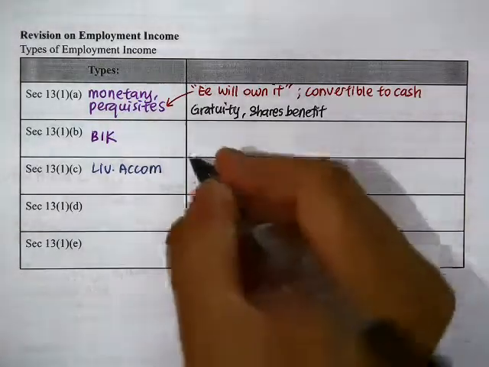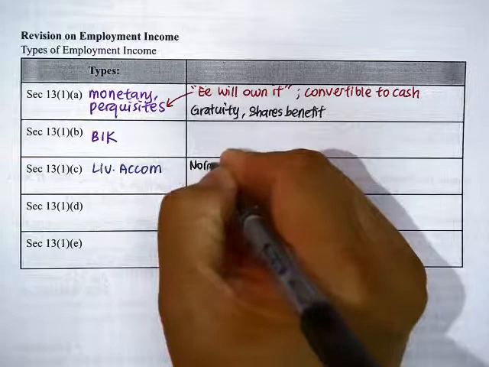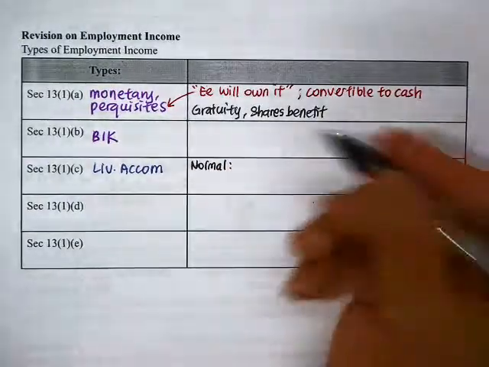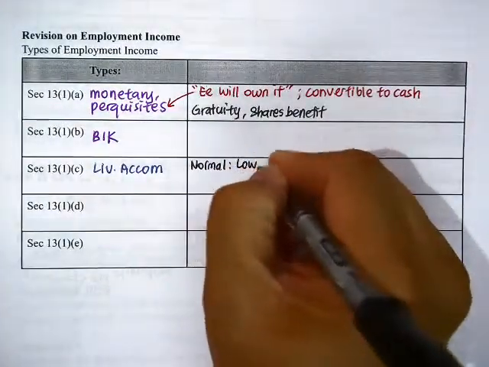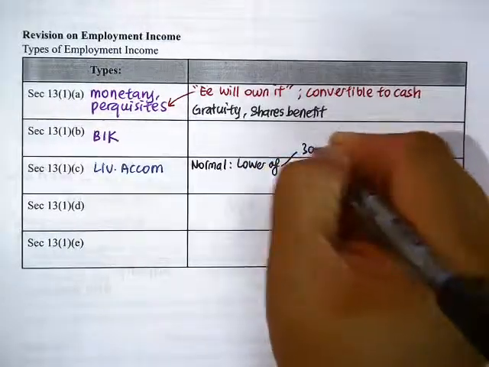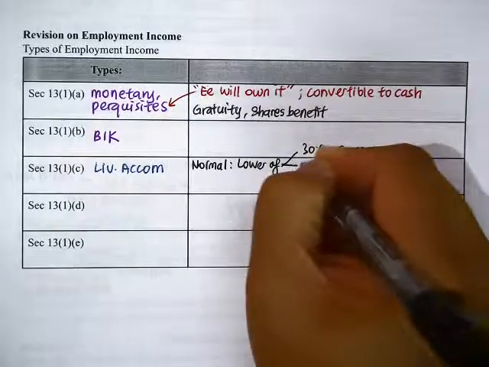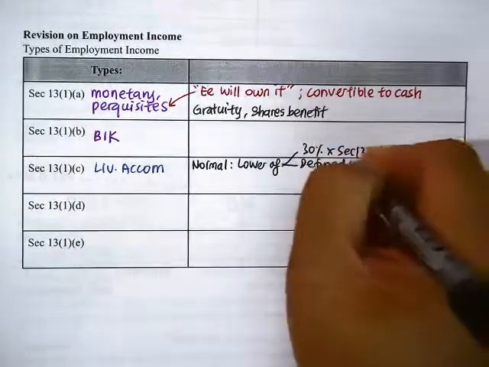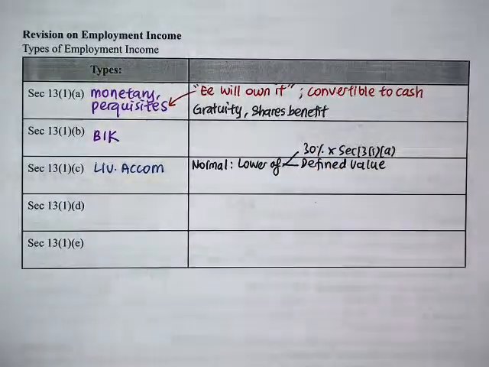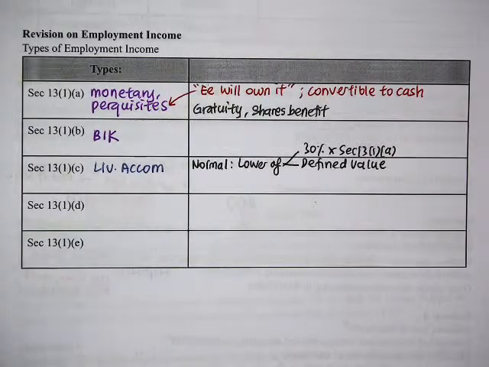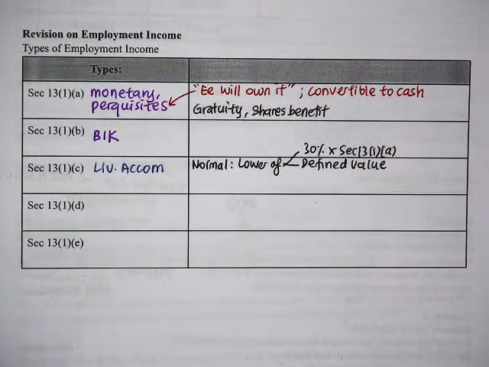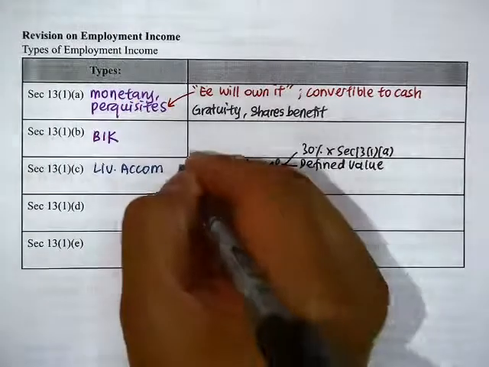For the normal cases, we will take the lower of 30% times 13.1a or defined value. Usually that's how we determine the value of living accommodation.